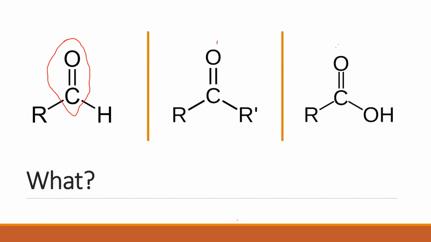Hence, all these three compounds come under this basic set called carbonyl compounds. Now, what is the difference? The difference basically remains who is attached to this carbonyl group. Clear? So what is attached to the carbonyl group will actually be the difference among all the three compounds.